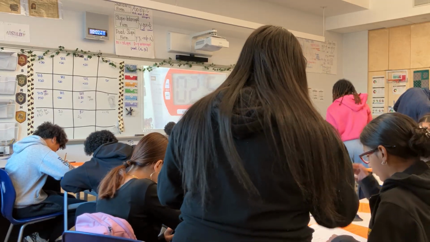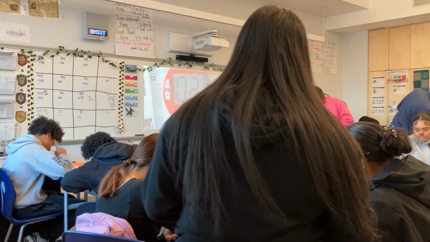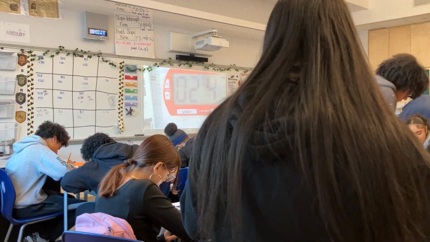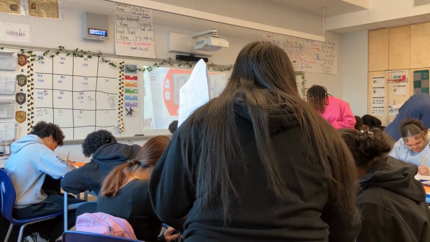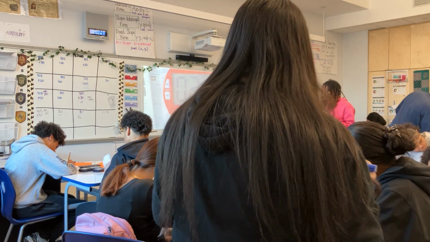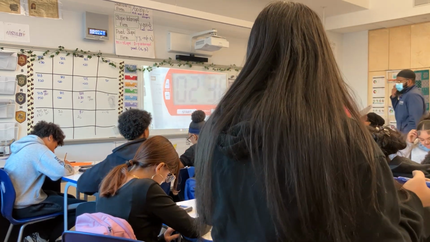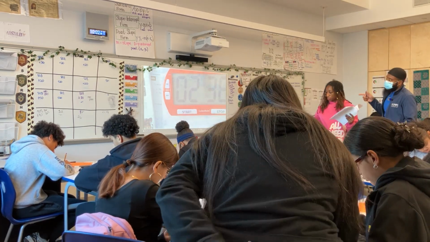Let me see if you think you can start doing this. If you think for the product rule we're multiplying, we add the exponents. What do you think we're going to do for division? Not quite. No, I don't want them to use expanded form for this part.